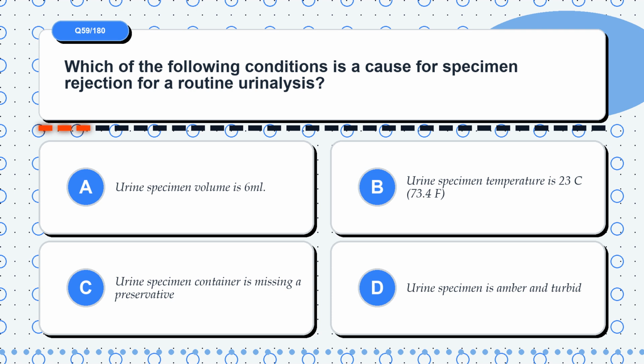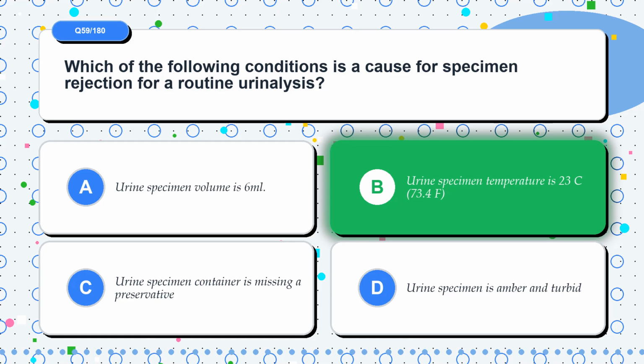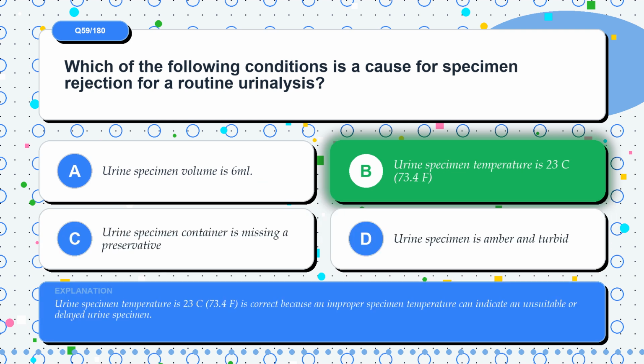Option D, urine specimen is amber and turbid. The correct answer is option B. Urine specimen temperature is 23 C, 73.4 F is correct because an improper specimen temperature can indicate an unsuitable or delayed urine specimen.